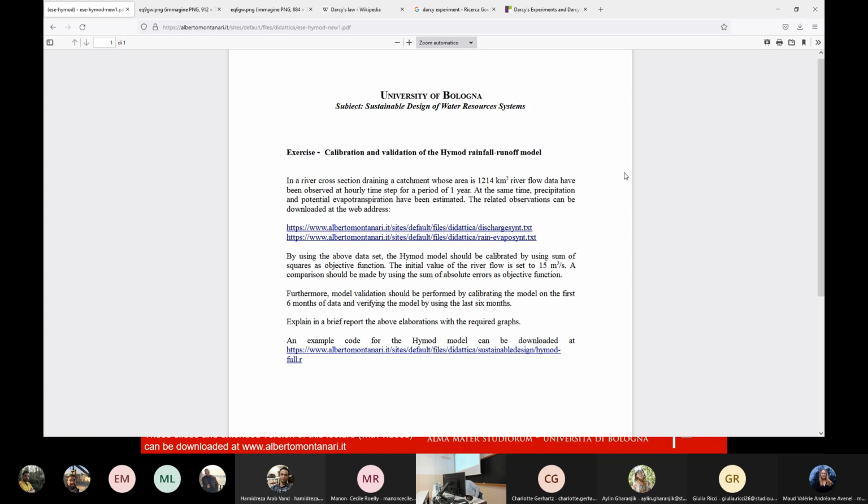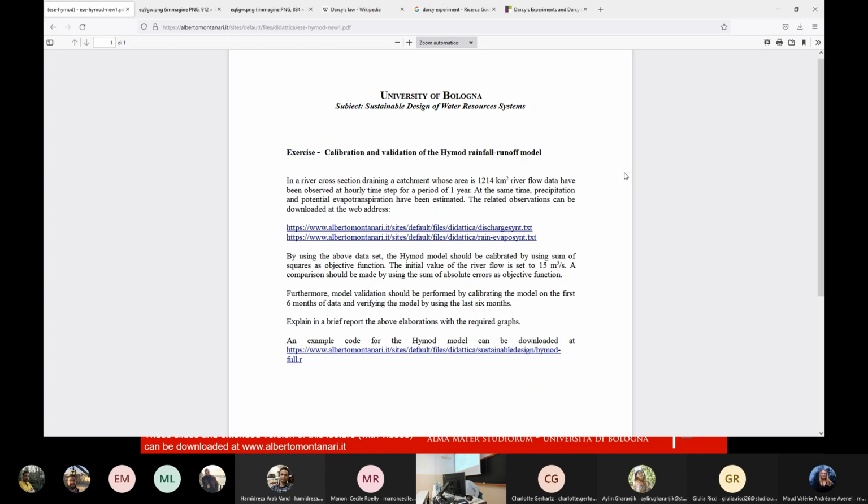The related observations can be downloaded there, but the links are available on my website, so you don't need to cut and paste them. By using the above data set, the IMOD model should be calibrated, meaning that the parameters of the IMOD model should be optimized by using an objective function.